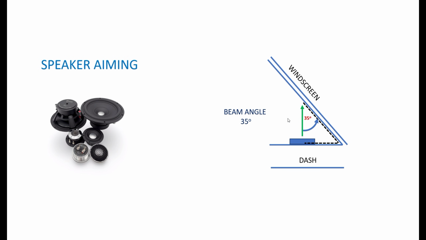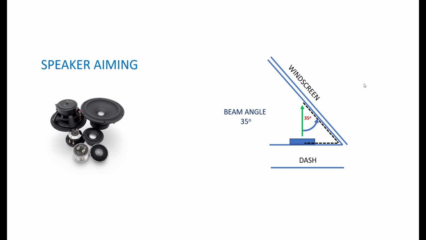Now, where did I get 35 degrees from? Well, when you look at a triangle and you do your basic maths, all three angles must equal 180 degrees. I've got 55, and this is a 90-degree angle, so this one's 35 degrees, right? This is the angle of the sound wave hitting the windscreen.